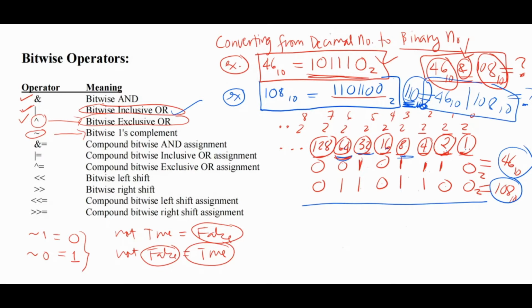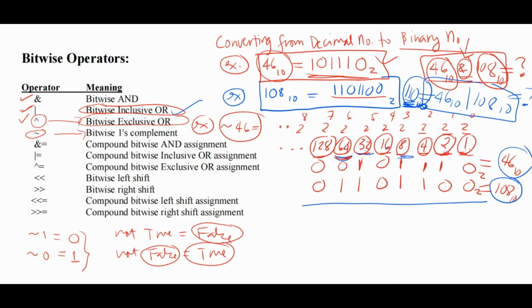So if we are going to find the bitwise ones complement of the operand 46, so we say not 46, what is this equal to?